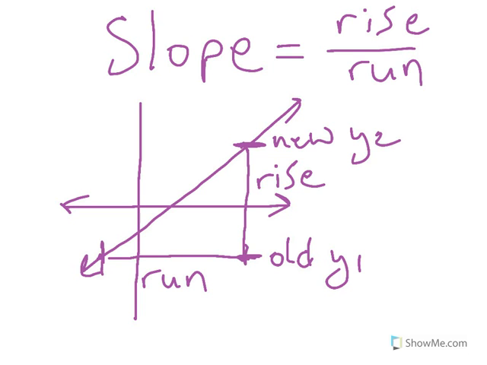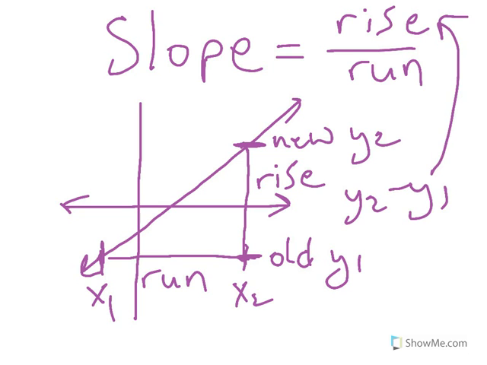The old x value back here is called x1, and the new one is called x2. We use those values to calculate the numbers in the ratio. You take y2 minus y1 to give you the rise, and we take x2 minus x1 to give us the run. That's how we calculate change, the newest value minus the oldest value.